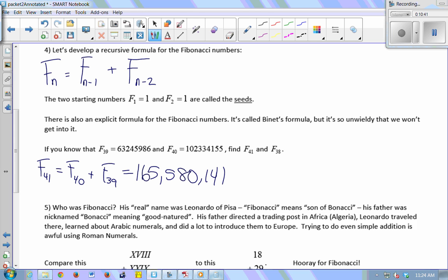What if I want to get the 38th Fibonacci number? Yes, great. Subtract, right? If I want to go backwards in the list, to go forwards you add, so to go backwards we should subtract. Yep, so for F38, I'm going to subtract the 39th from the 40th.